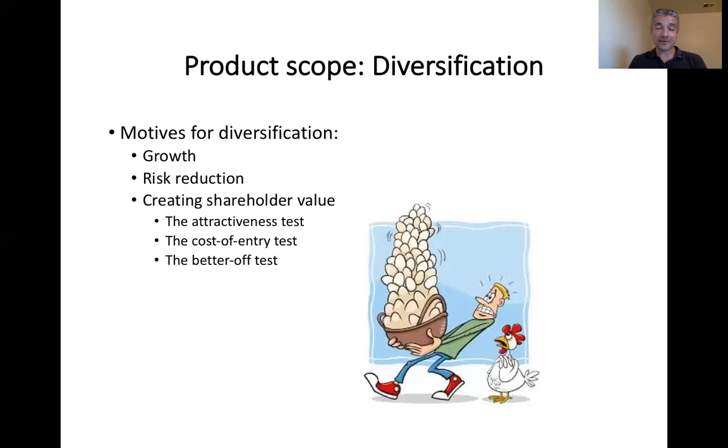The better off test basically asks a very simple question. Will your business be better off if you diversify, or let me put it this way, will there be some unique value created from your diversifying into an alternative business?